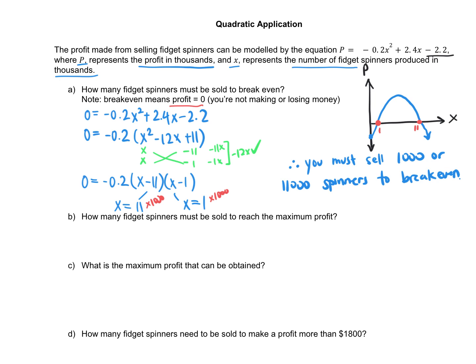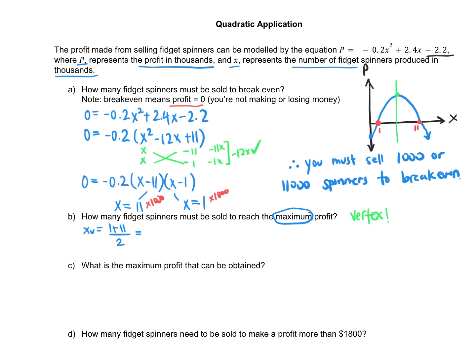All right. How many fidget spinners must be sold to reach a maximum profit? The minute I see the word maximum, we should be thinking vertex. And if we have the zeros, we know that the vertex has to be halfway between those zeros. So I'm going to start off by finding that axis of symmetry by adding my x's and dividing by 2 to get to that middle number.